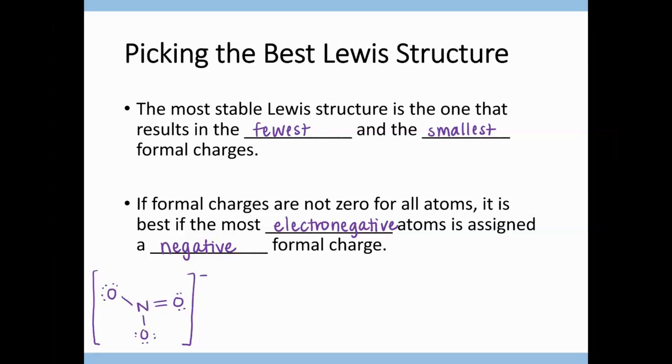So formal charges we calculate for individual atoms. So we'll calculate formal charge for each element, each atom in the structure. So let's do nitrogen first. Remember, formal charge, I'll write the formula up here.